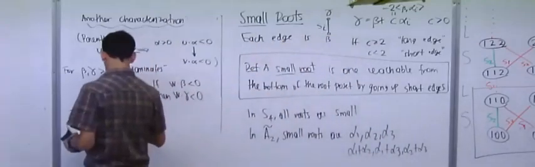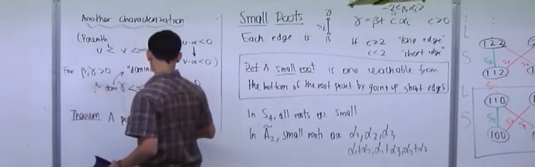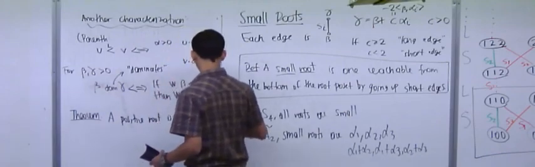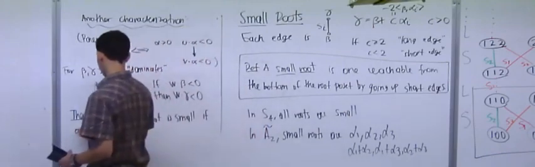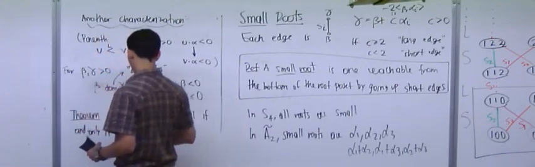Okay? And the theorem is that a positive root is small if and only if it doesn't dominate anybody.